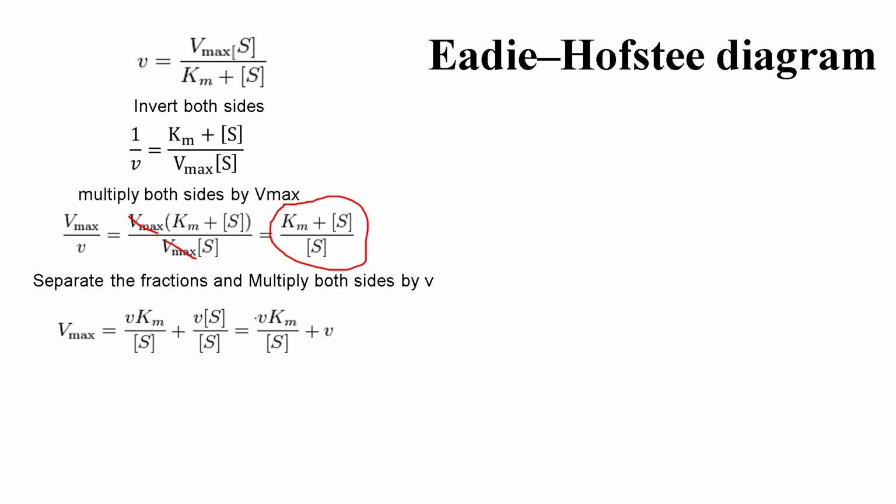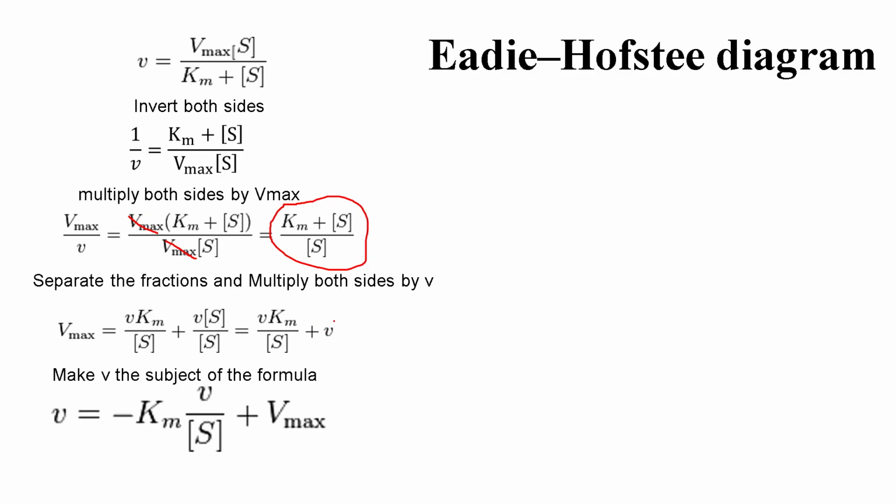So this will simply give us v multiplied by Km over s plus v. Now, if we make v the subject of the formula, you will come with this equation: v is equal to minus Km multiplied by v over s plus Vmax.